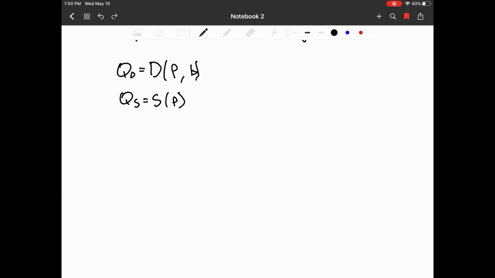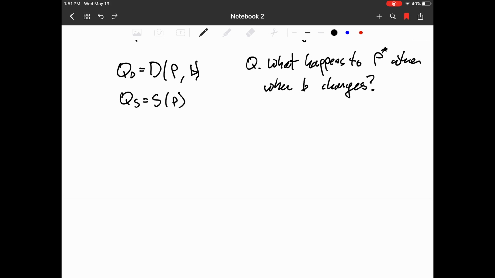Okay, so we have a supply and demand system here, and we want to know what happens to price in equilibrium when b changes. And that's essentially the problem we confront with comparative statics.